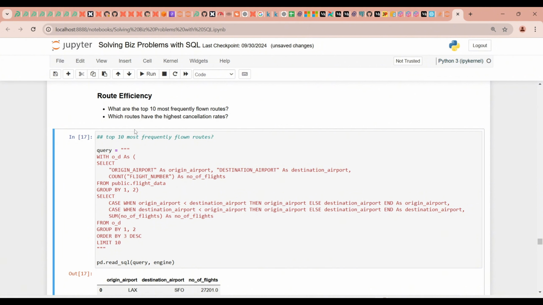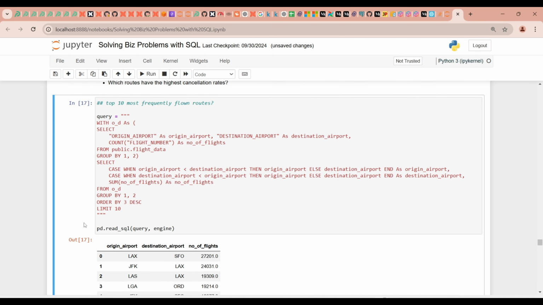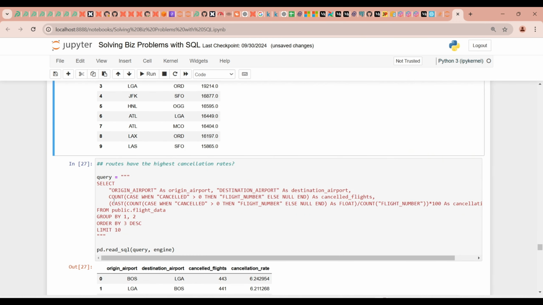So which routes have the highest cancellation rates? Now this logic will also apply. To look at this, case when cancelled is greater than 0, then flight number, you want to count the number of times the flight was cancelled.